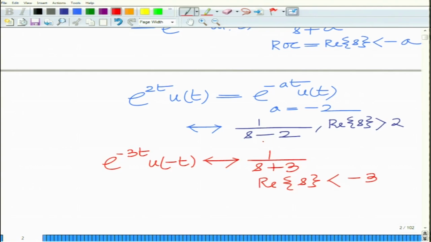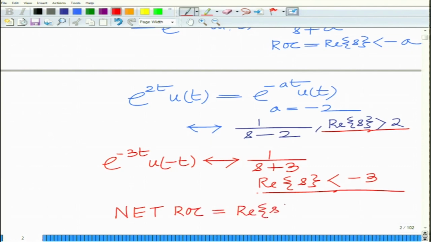Now you see the net ROC of the signal will be the intersection of these two ROCs. Therefore, the net ROC equals real part of s greater than 2 intersected with real part of s less than minus 3, and you can see that the intersection is an empty set.